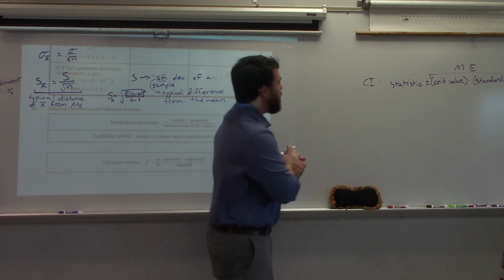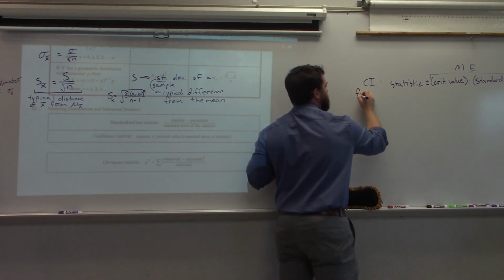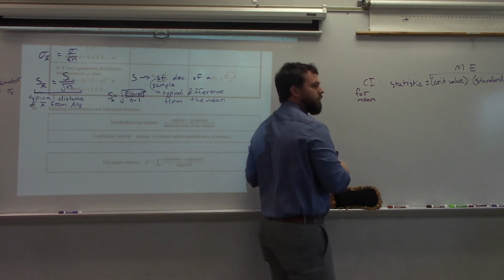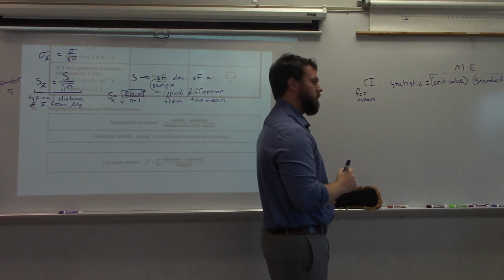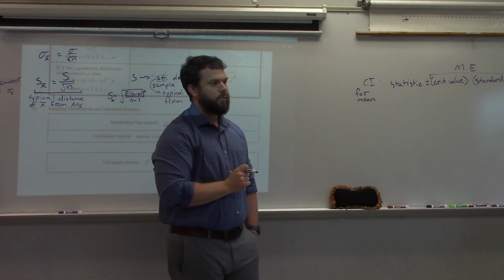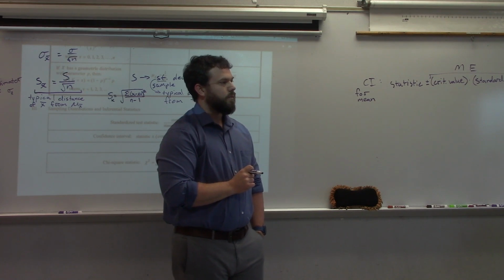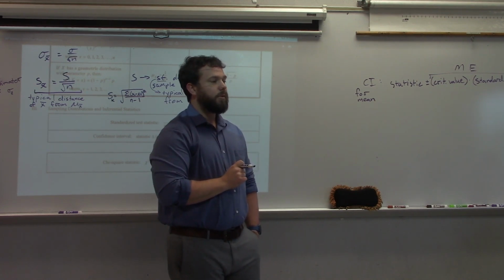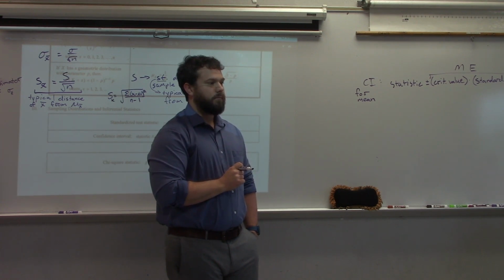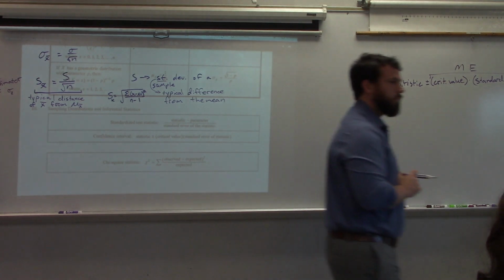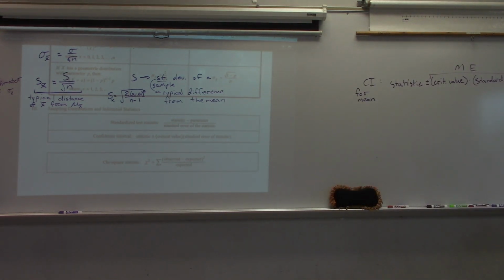Now, if I'm trying to do a confidence interval for means, Peyton, what statistic do you think I'm going to use? Any guesses where I could look on the formula sheet to figure this out? No, because that's the standardized test statistic.